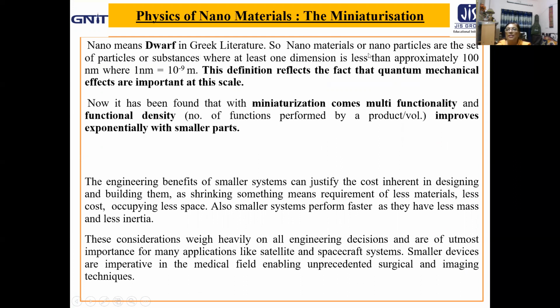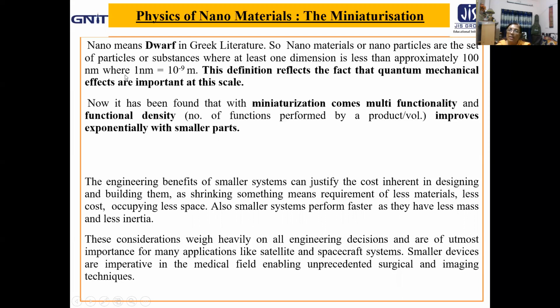So nanomaterials or nanoparticles are the set of particles or substances where at least one of the dimensions out of possible three must be in the range of 1 to 100 nanometer. That means less than 100 nanometer, we already got it.